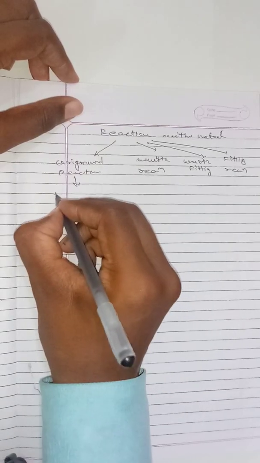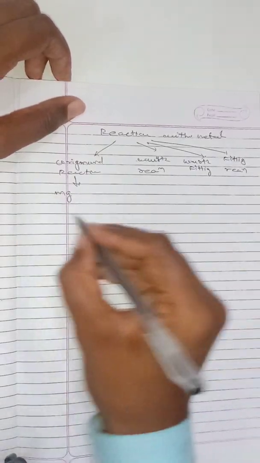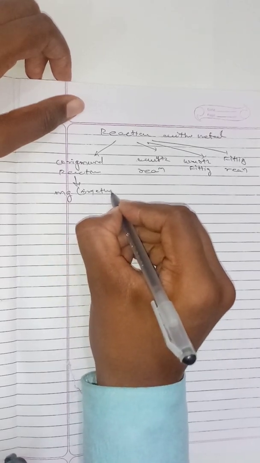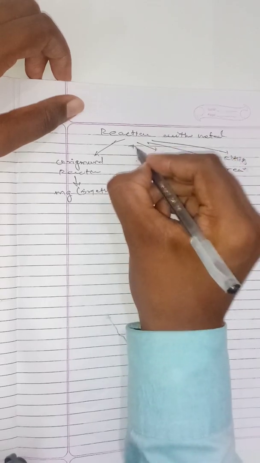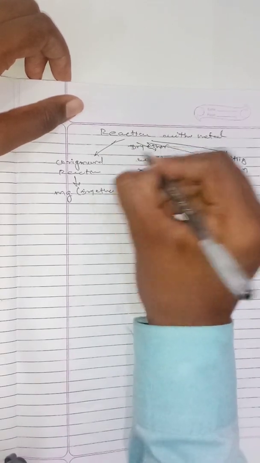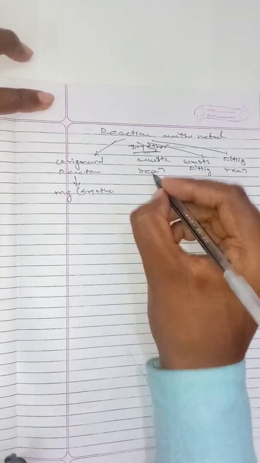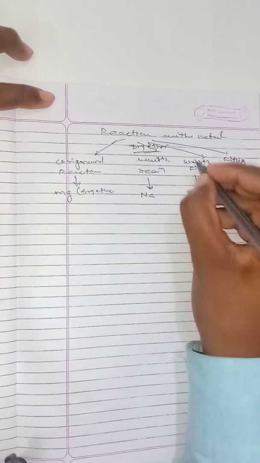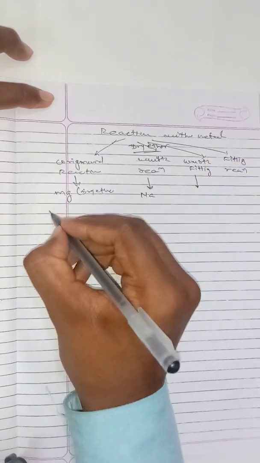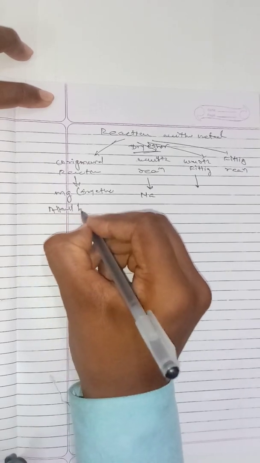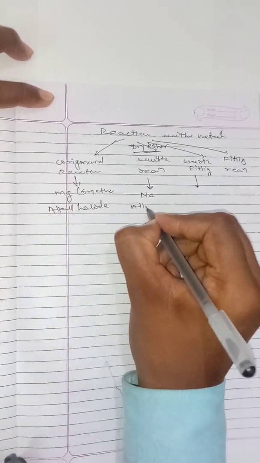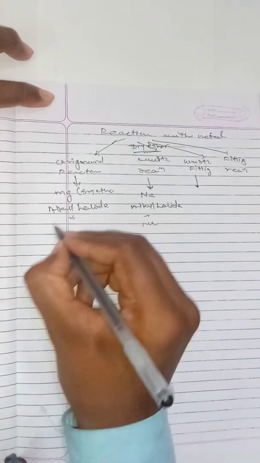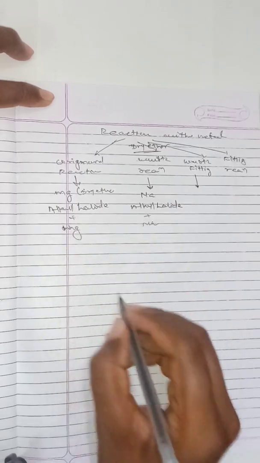Grignard reaction is carried out with magnesium in the presence of dry ether. So in all these reactions, the medium is common, dry ether. Here the Wurtz reaction is carried out with sodium metal, alkyl halide reacting with sodium metal, and in the Grignard reaction alkyl halide with magnesium.